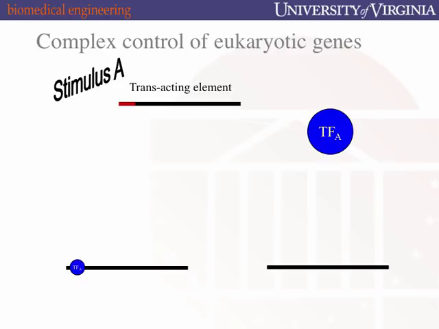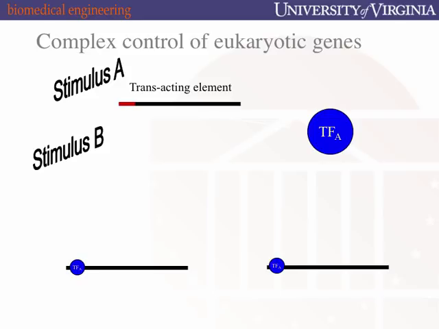Transcription factor A recognizes a cis DNA element on these two gene loci shown on the bottom here. They don't have to be close to one another, they're separate, okay? But there are elements upstream of their sequences for binding for transcription factor A.